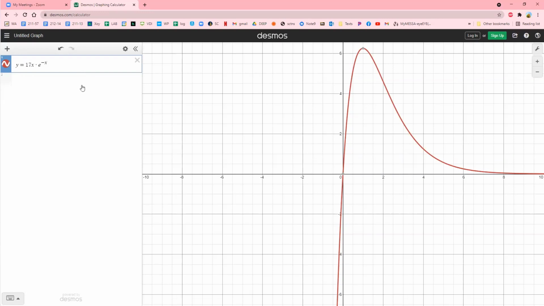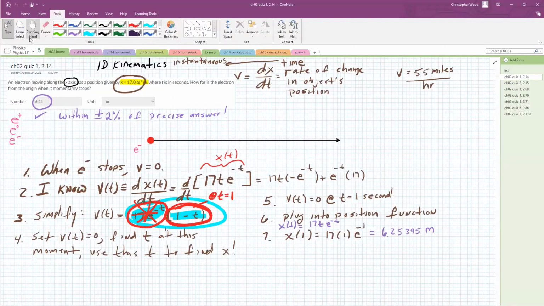That's my position function. Right below that, let's plot the velocity function. Y equals, and just refer back to your notes. My velocity function was right here; I buried it with stuff.